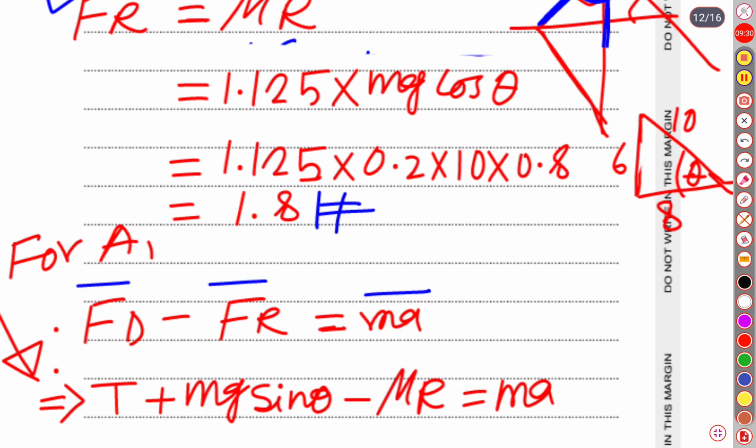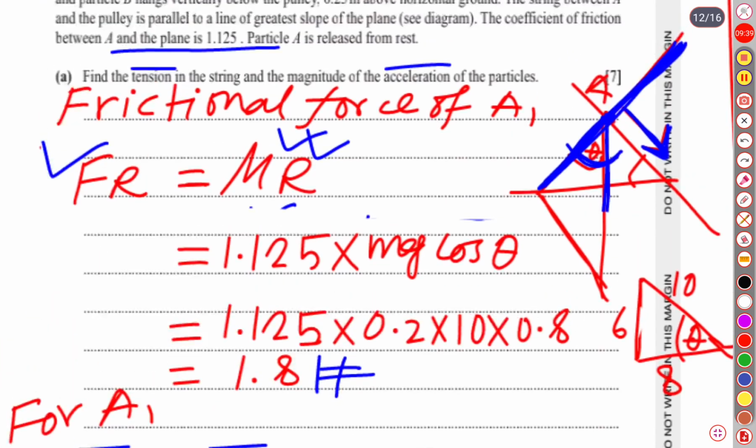Now we are going to decide what the driving force is. If we analyze the figure of A, we will see that A is sliding downward. A is connected with the string, so the tension is causing it to move downward. So this is a driving force.